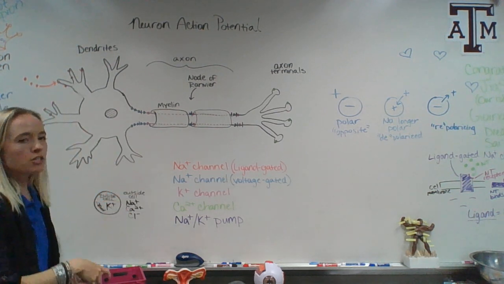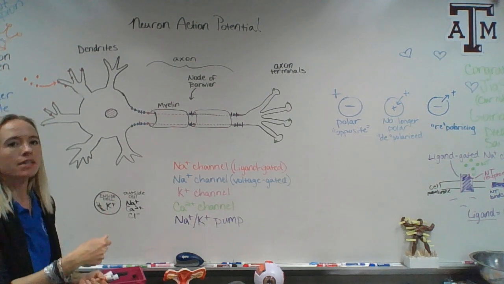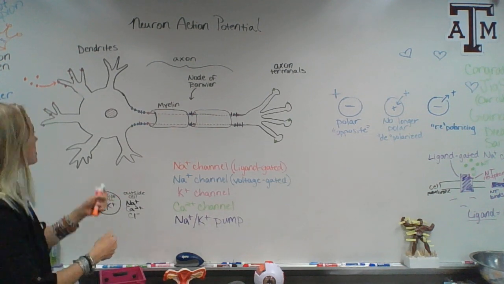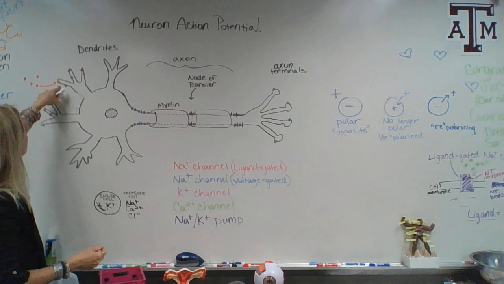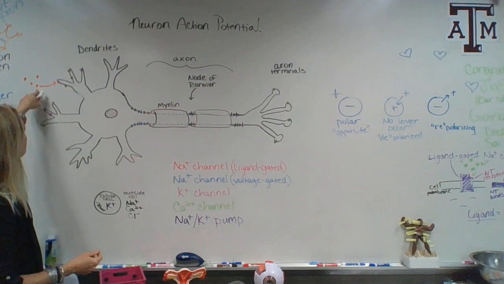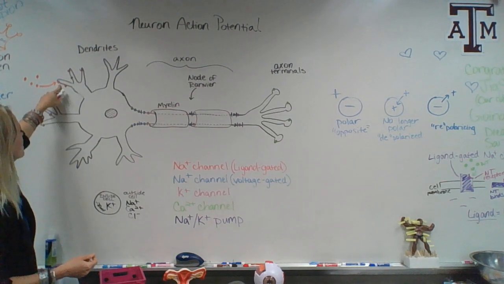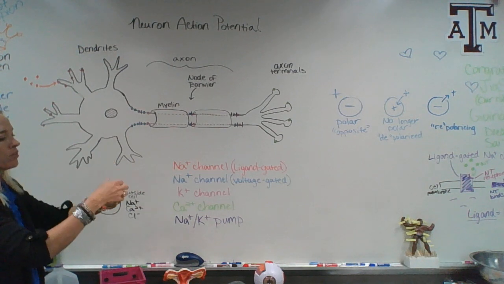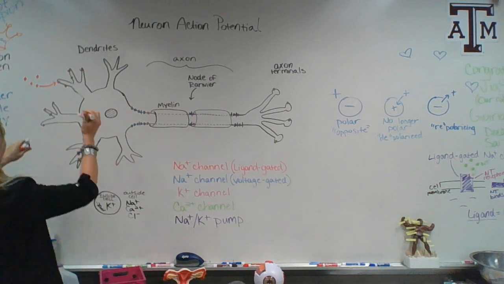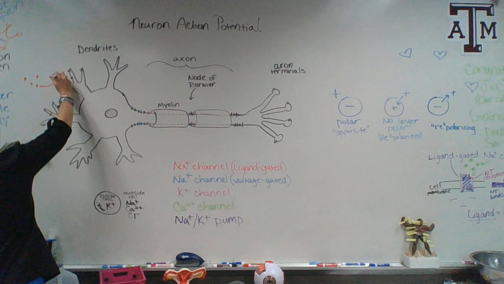The neurotransmitter would be the ligand binding to the receptor. This is a ligand-gated sodium channel. So when the neurotransmitter ligand binds, it opens the channel so that sodium, which is all outside the cell, enters.